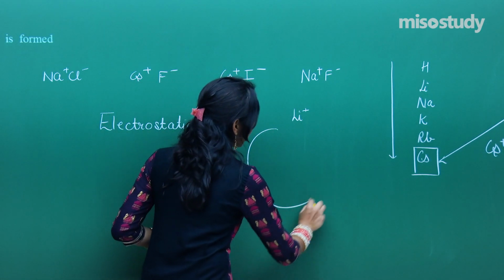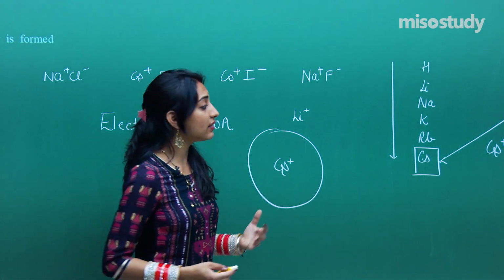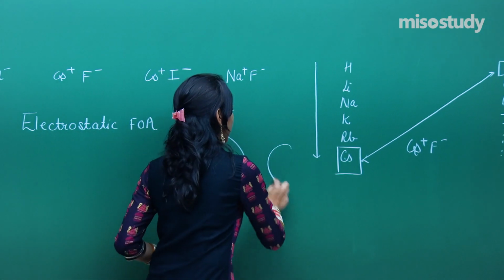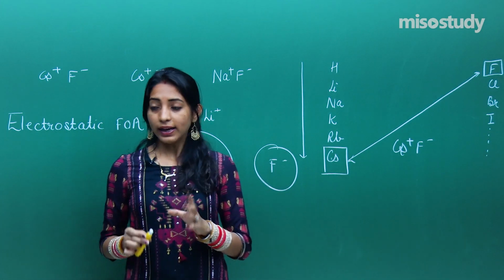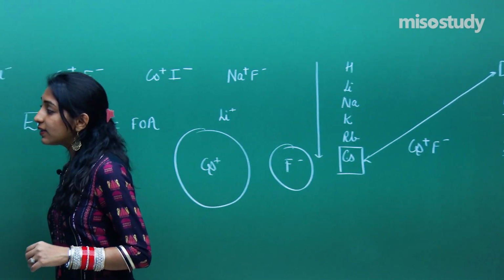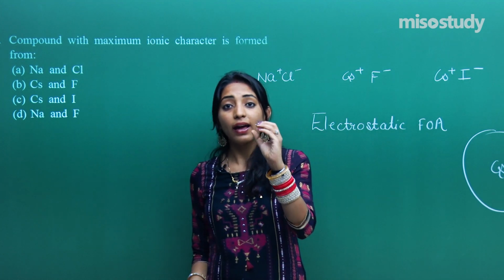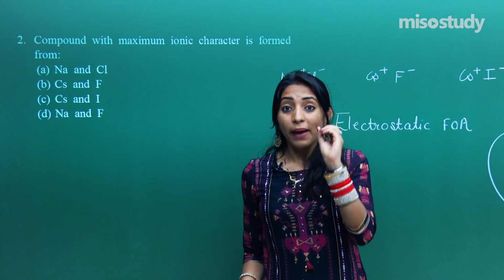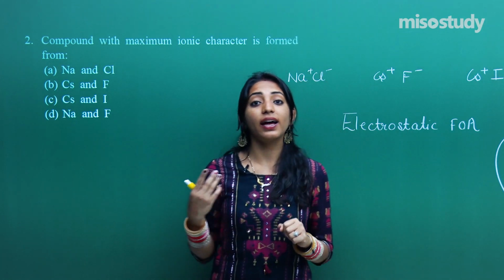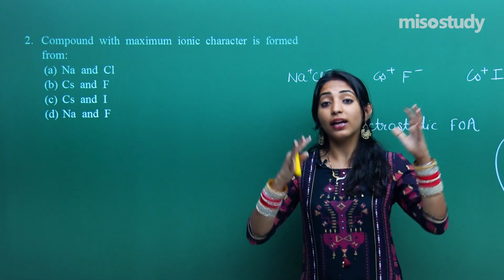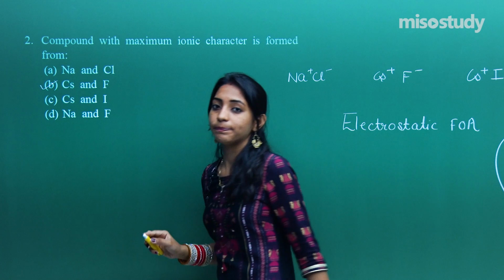Cesium is such a big cation that it will not be able to polarize the electron cloud of F-, which is very small in size and quite rigid. So this question is completed once you bring in Fajans' rule. For maximum covalent character, the cation should be smallest and the anion biggest. But for maximum ionic character, the cation should be biggest and the anion smallest. So that makes it option B.